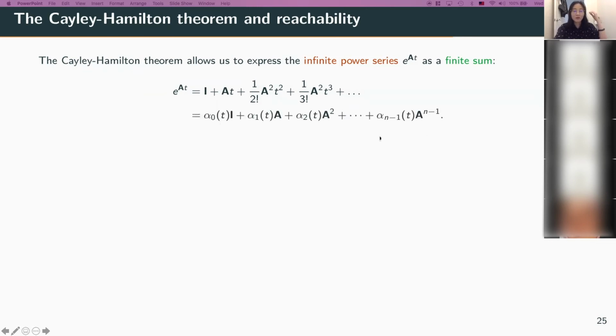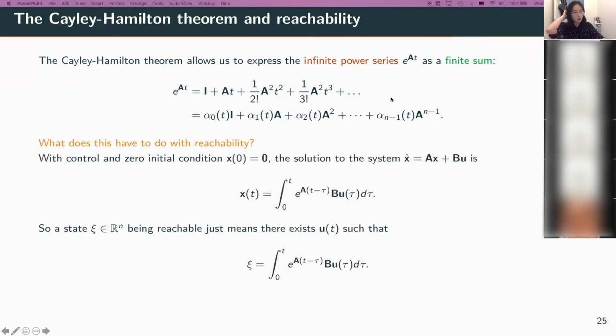That gives us this, and the only time variant components in this equation are the coefficients. So the coefficients are time variant, but this is now a finite sum instead of an infinite sum.